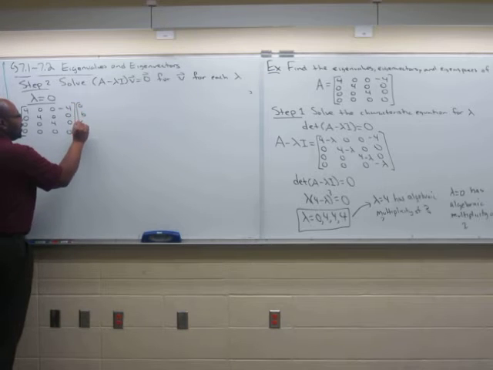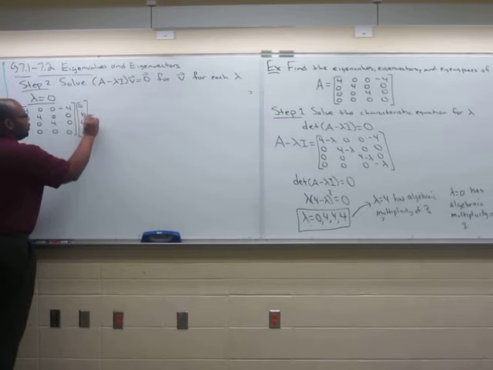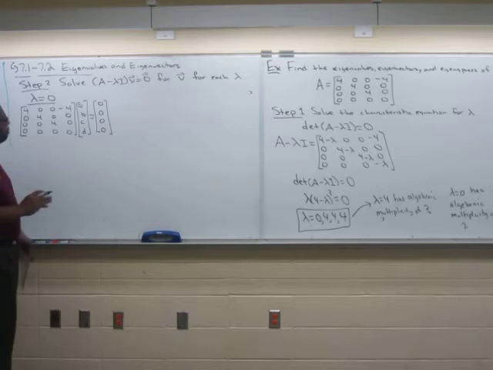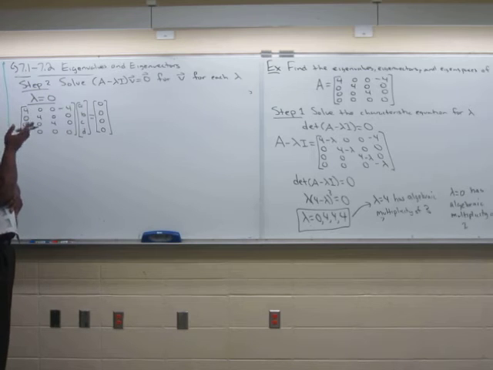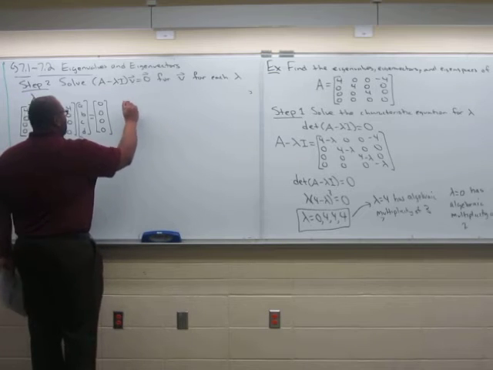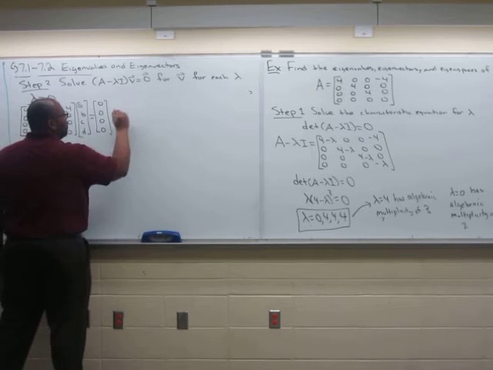A, B, C, D equal to 0, 0, 0, 0. Now, since this is a single matrix, let's do Gauss-Jordan elimination on it. Let me just put this to the side. Let's see if I can squeeze it in here.